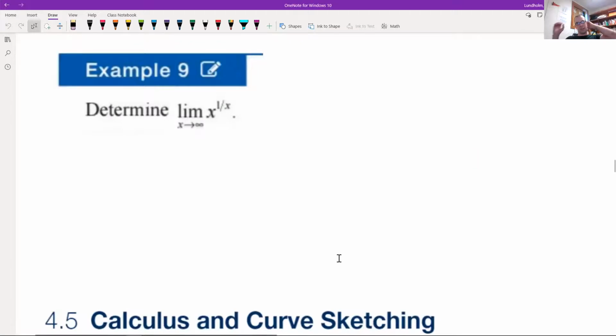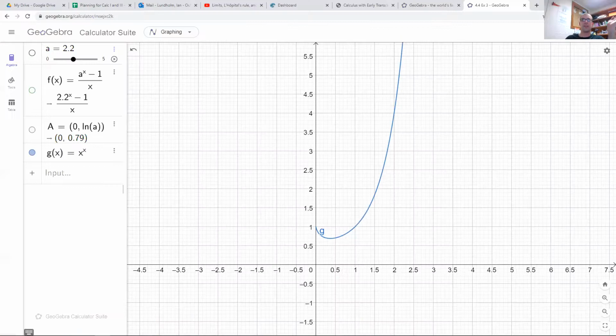Example 9. I mean, it's the same thing again and again. We're going to do another natural log thing. All right, I already did just 2 of those in a row.